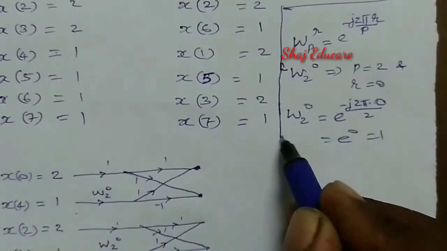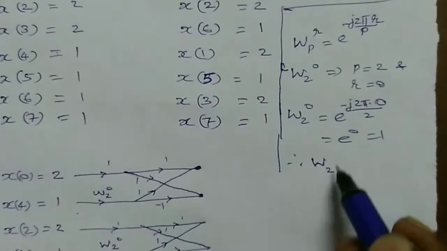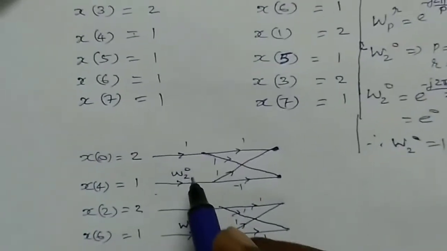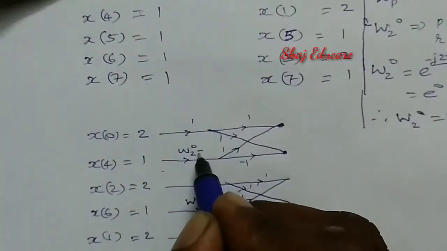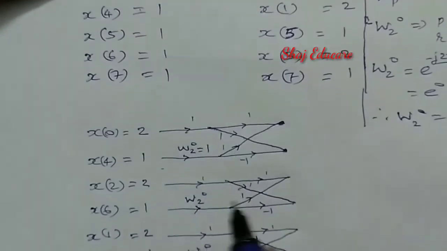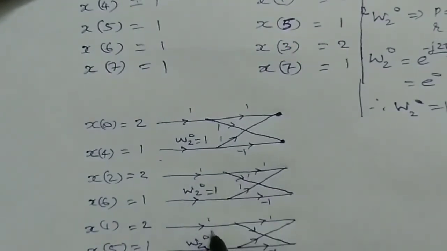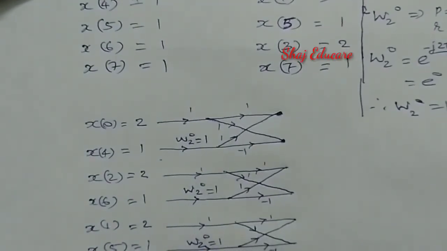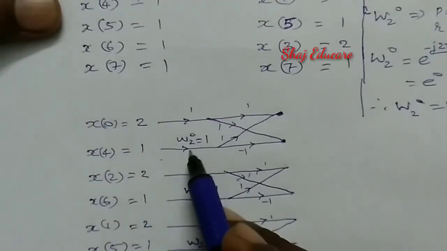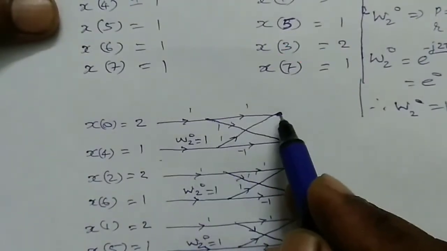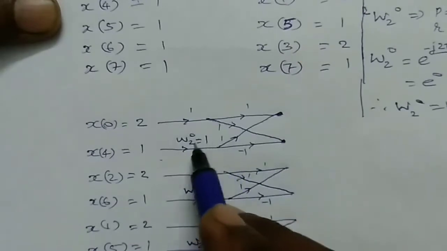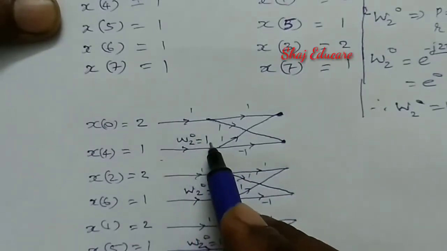So we can conclude that W2 raised to 0 is equal to 1 itself. Let us put the value of W2 raised to 0 over here, equal to 1. So we don't need to multiply with W2 raised to 0 while writing the equation here, because W2 raised to 0 is equal to 1.